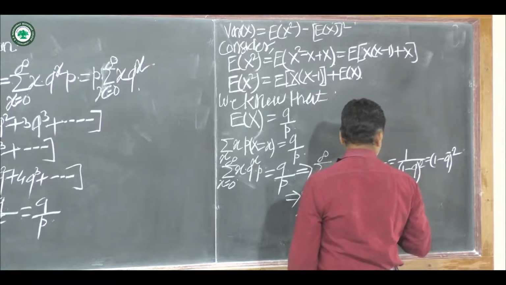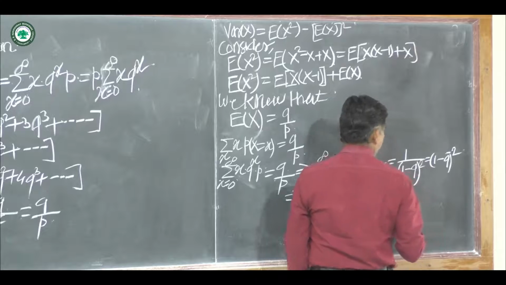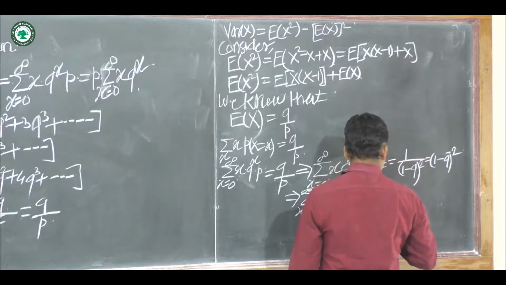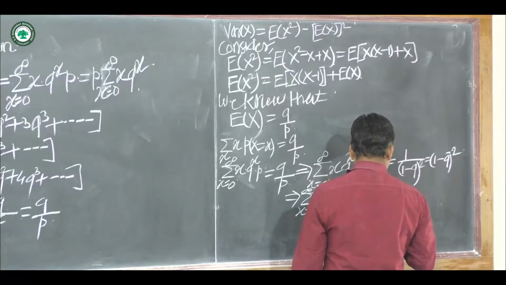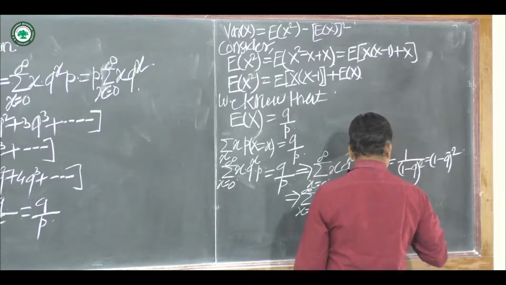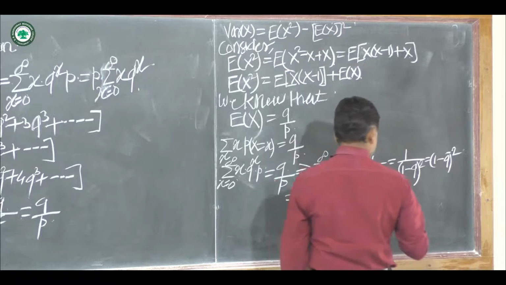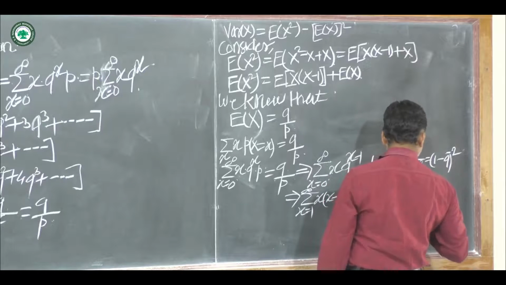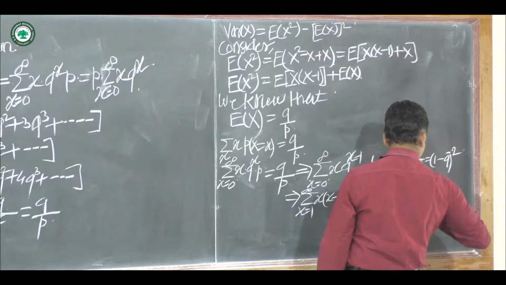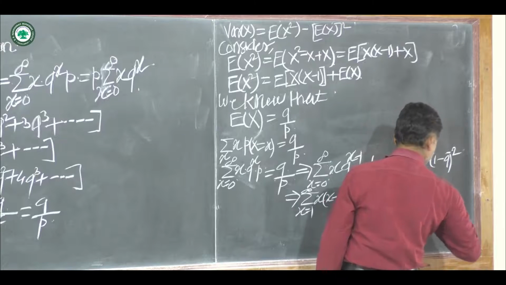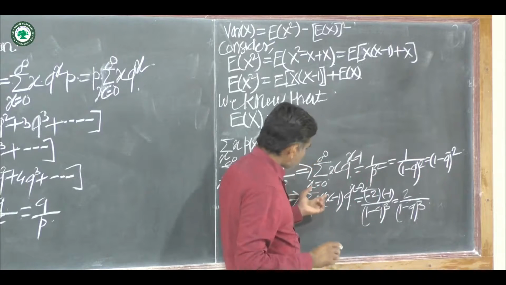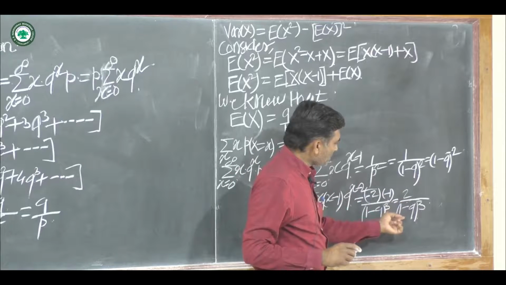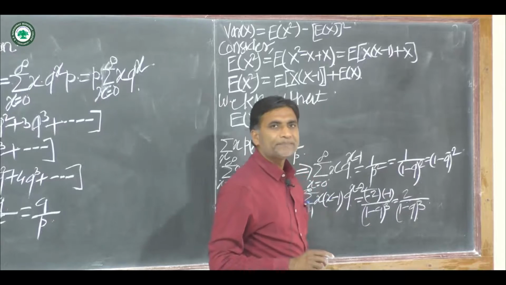That is minus 2 into 1 upon (1 minus q) raised to 3 into derivative of minus q, which is minus 1. Which is equal to 2 upon (1 minus q) raised to 3. That is, summation of x into (x minus 1) into q raised to x minus 2 is equal to 2 upon (1 minus q) raised to 3.